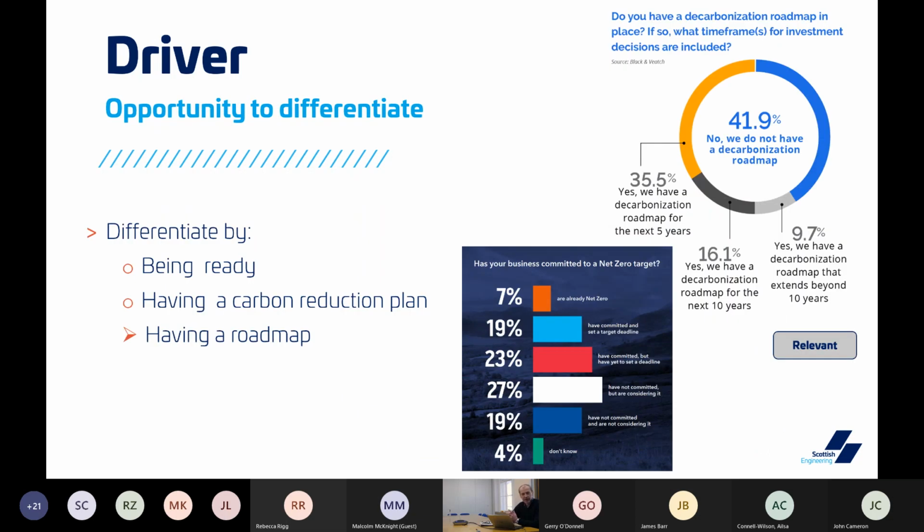The other driver, for the rationale, for the why, is the opportunity to differentiate. Whereas a lot of businesses are thinking about it, 42% of them do not have a roadmap.